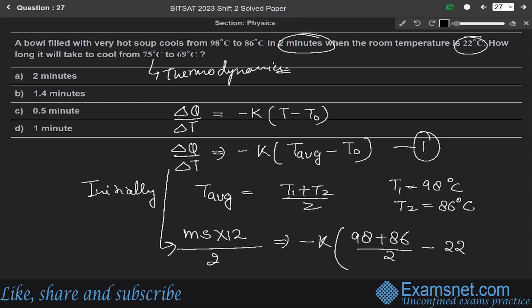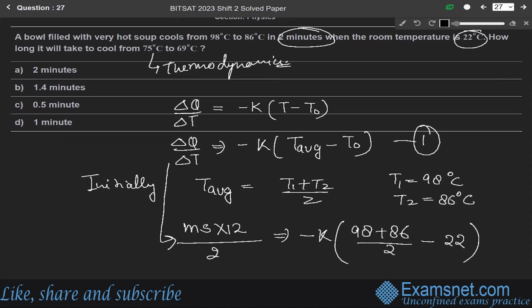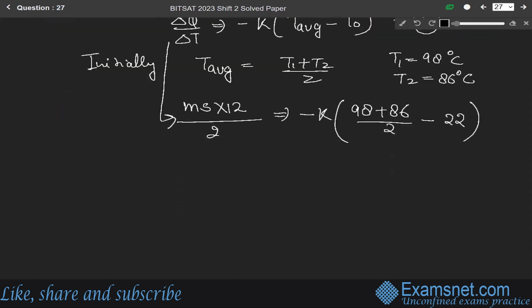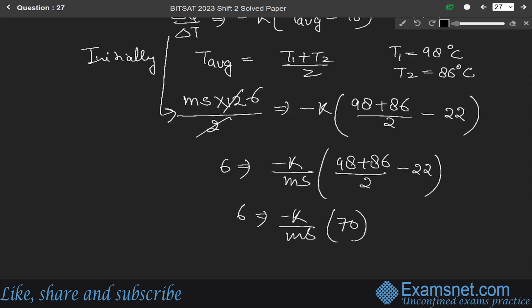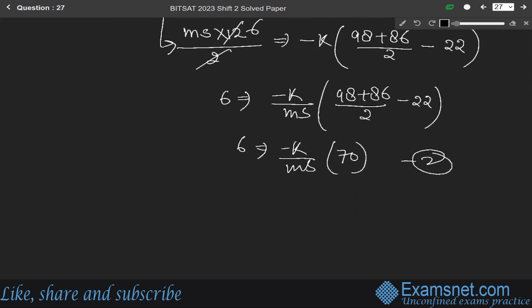So 6 is equal to minus K over MS into (98 plus 86 over 2 minus 22). So 6 will be equal to minus K over MS into 70. Okay, let us say this is equation number 2.